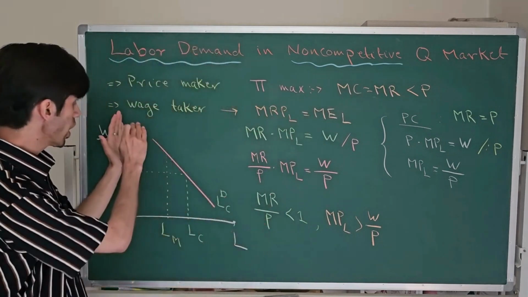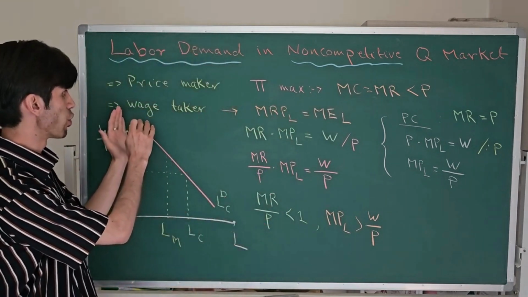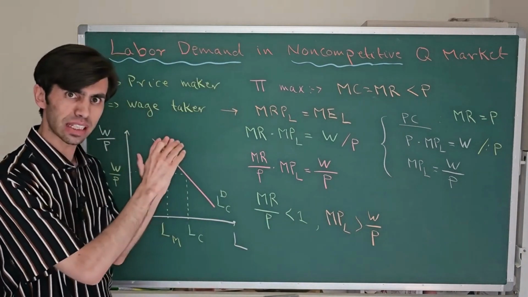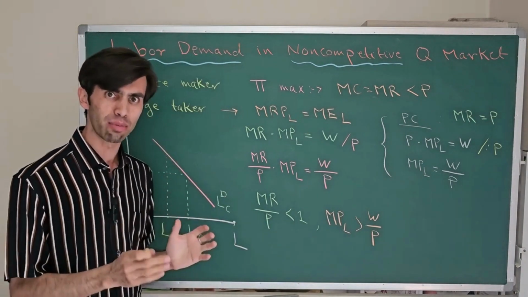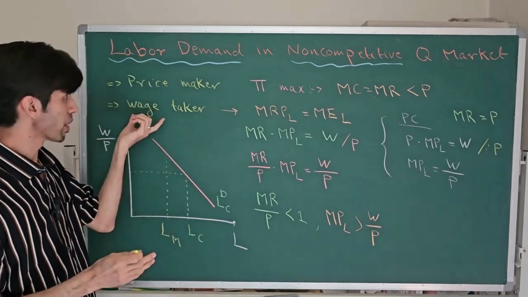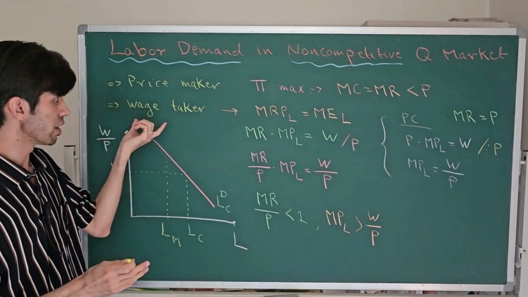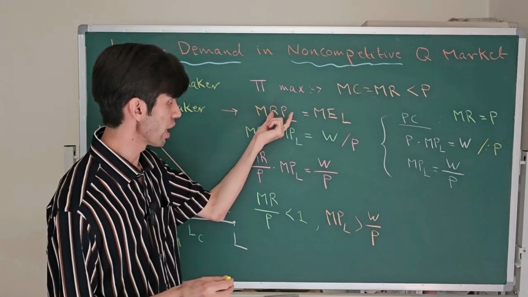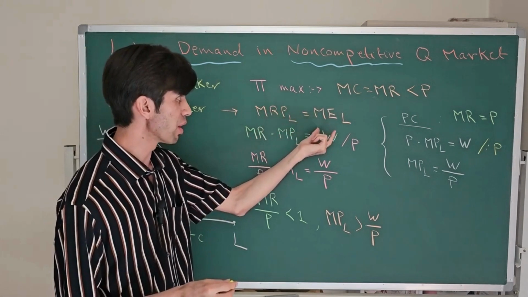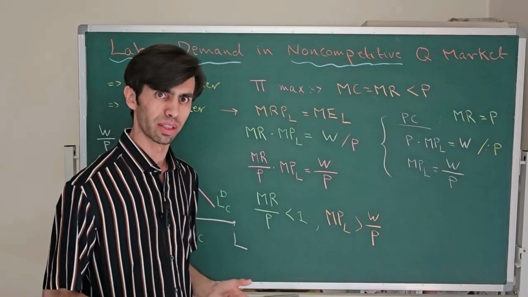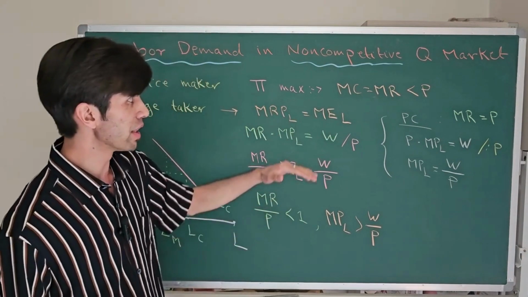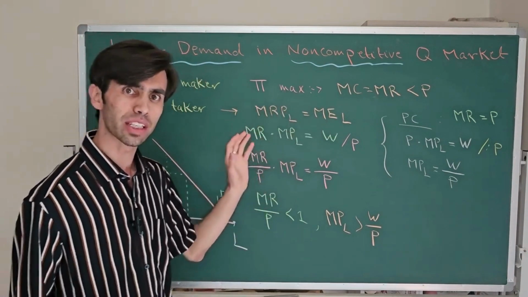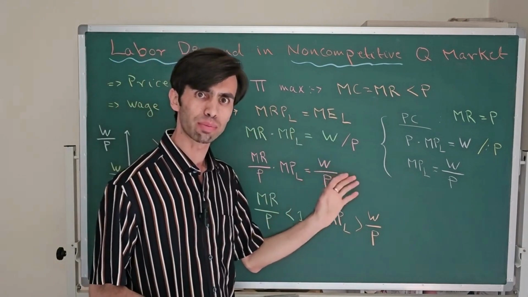But when the firm is a wage taker in the perfectly competitive labor market, the profit maximization condition in this input market implies that the marginal revenue product of labor should be equal to the marginal expense of labor, the same as in the case of both a perfectly competitive labor market and output market.